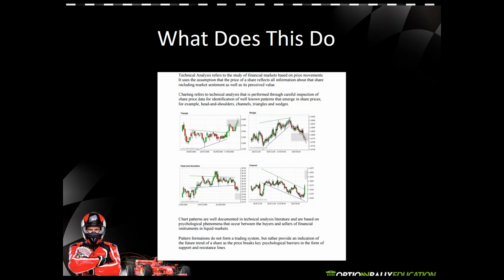What happens is when a triangle, like you see here, is forming, there's a certain form in which it will form this triangle, and then it will break out of that triangle, either higher or lower. When that happens, it gives you a signal. When we have a wedge, it's the same thing.